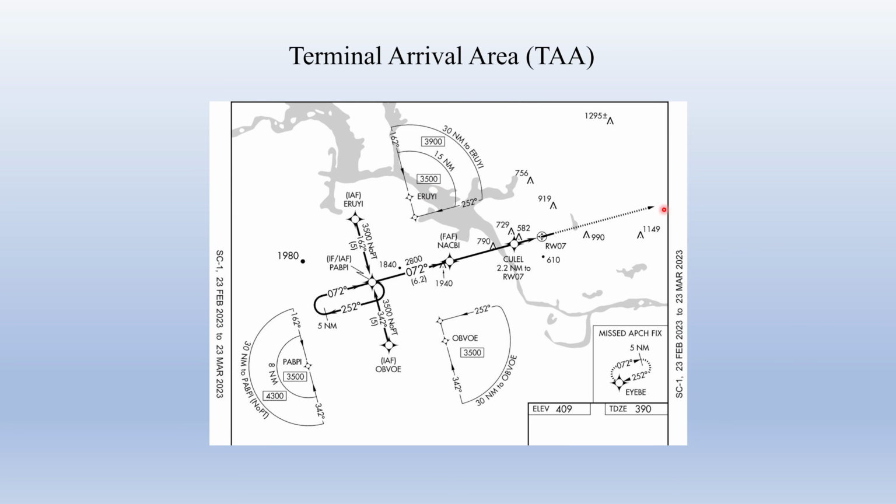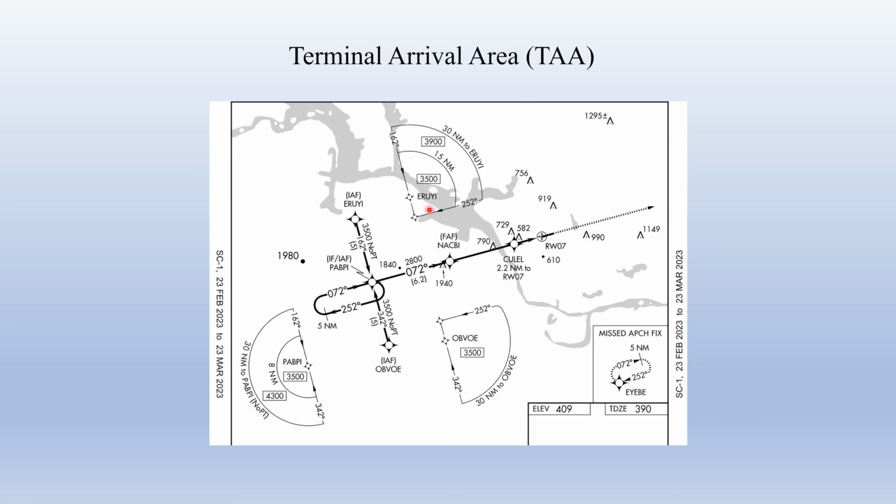A TAA is similar to an MSA in that the altitudes in these sectors will give you 1,000 foot clearance from your obstacles. A key difference is that these altitudes are procedure altitudes for this approach, so if you are in these sectors and you're cleared for the approach, you can go ahead and descend to these altitudes.